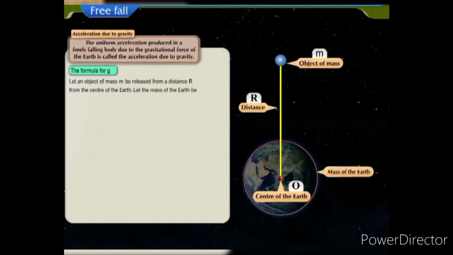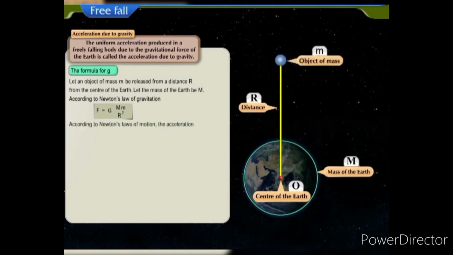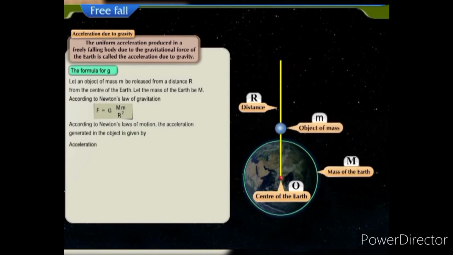Let the mass of the earth be M. According to Newton's law of gravitation, F is equal to G M m upon r square. According to Newton's law of motion, the acceleration generated in the object is given by acceleration is equal to force upon mass. g is equal to F upon m.